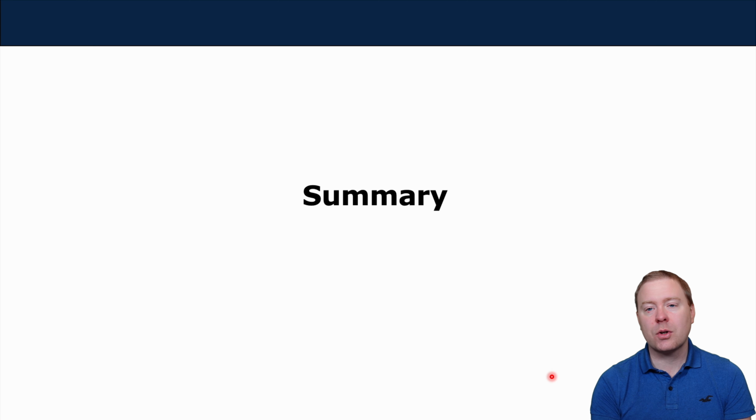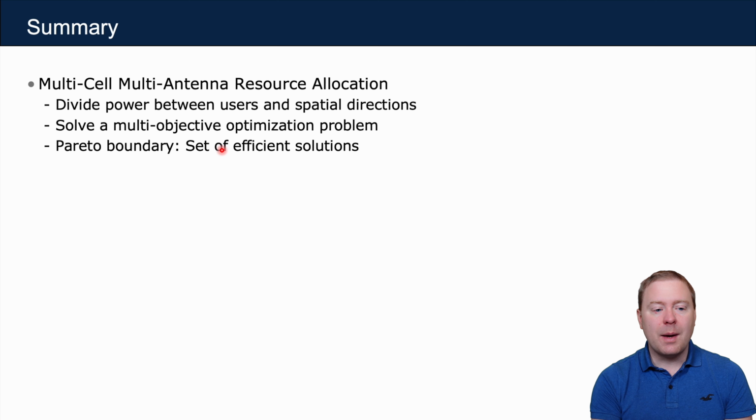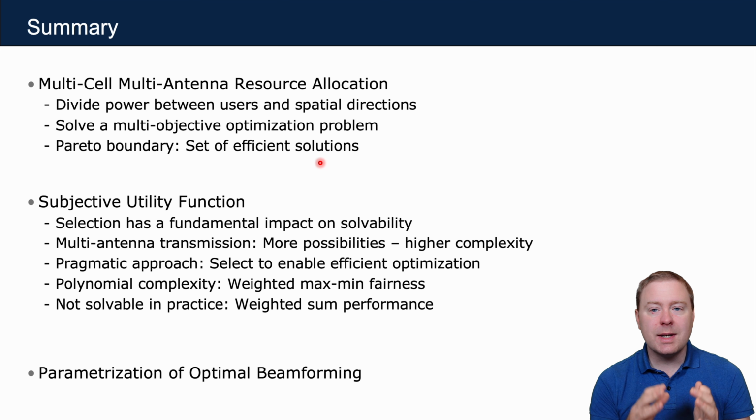So finally we are coming to the summary. We have been considering multi-cell, multi-antenna resource allocation problem where we would like to divide the power between users and spatial directions when we're optimizing the performance to solve a multi-objective optimization problem. And for such problems, the Pareto boundary is the set of all the efficient solutions that one might consider. But we only need one solution, so we need to select the subjective utility function.